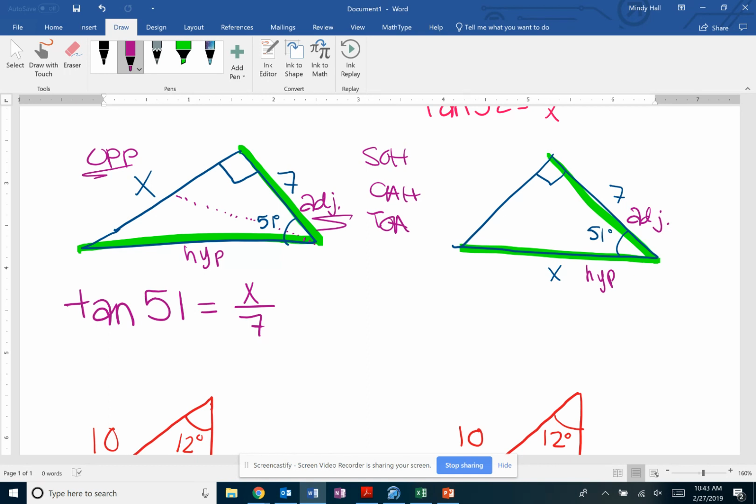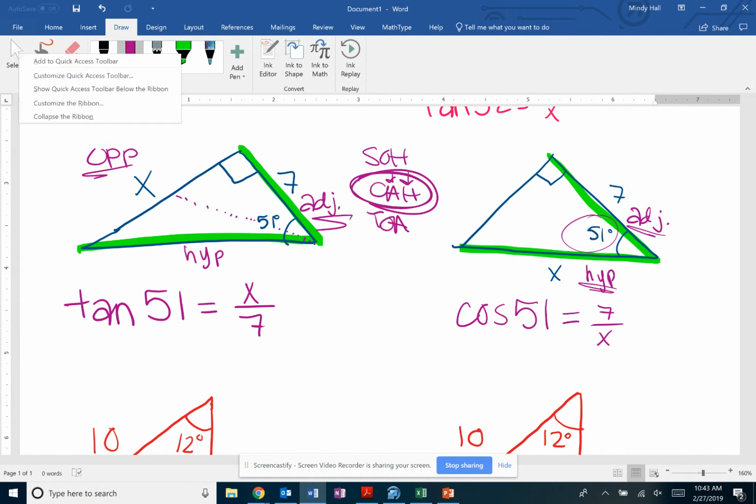Because we have our adjacent side and our hypotenuse, those are the two things we're looking at, and we are using the 51 degrees. Adjacent and hypotenuse would give me cosine because we have the A and the H. So we have cosine of the angle I'm looking at, 51 degrees, is adjacent 7 over hypotenuse x.